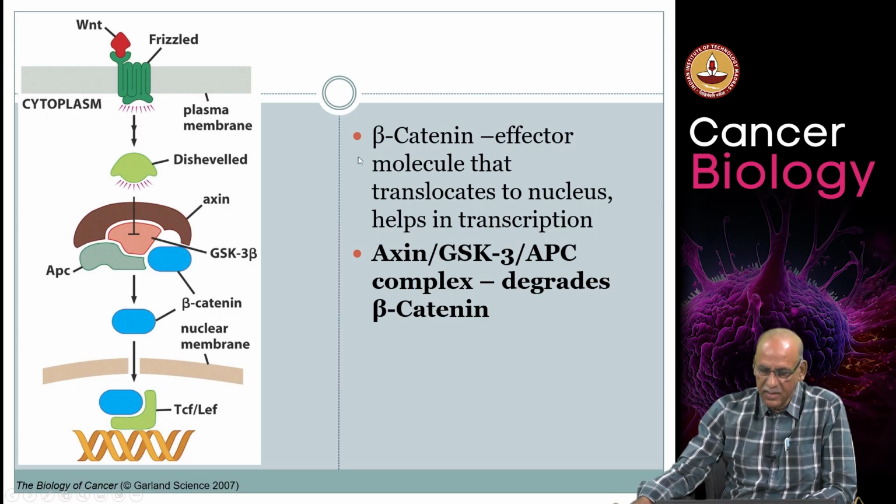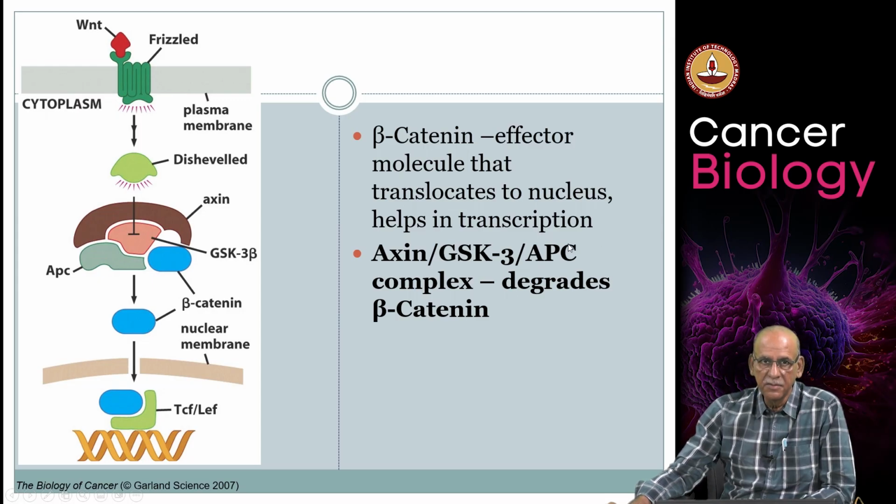Beta catenin is the main effector molecule that translocates to the nucleus and helps in transcription. The components of this complex are axin, the glycogen synthase kinase GSK3, and APC. APC, I told you, is a tumor suppressor. So, this is the complex.